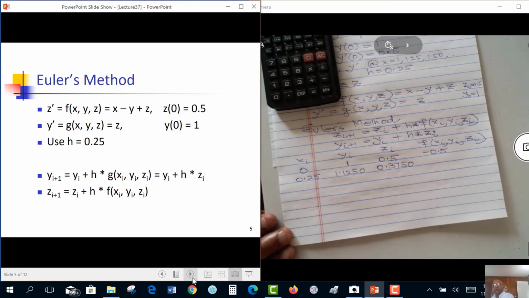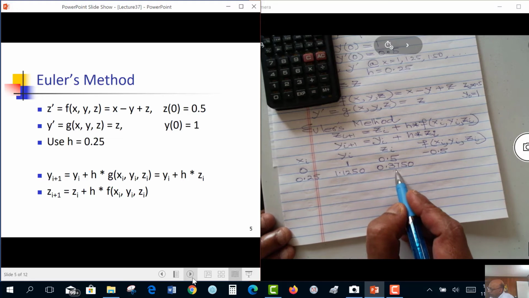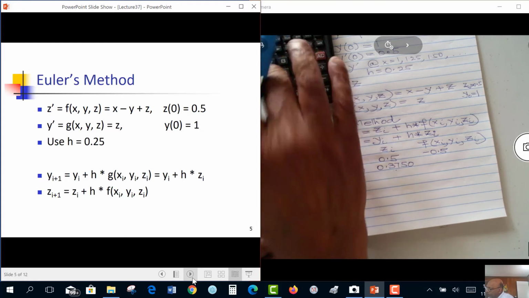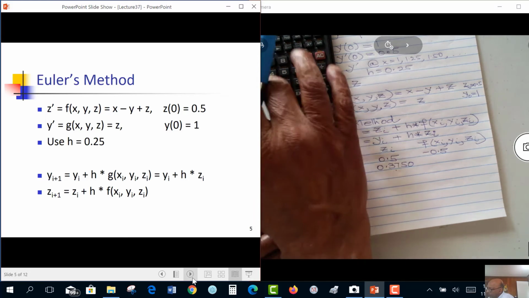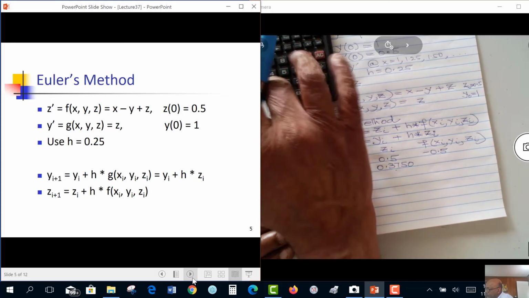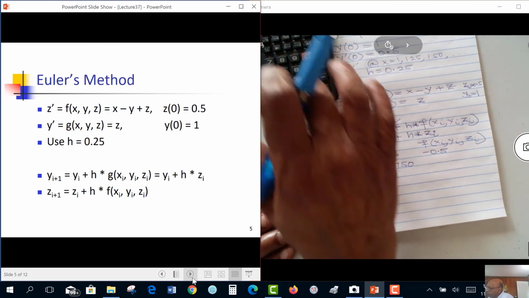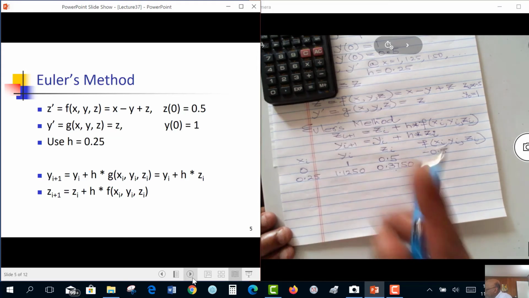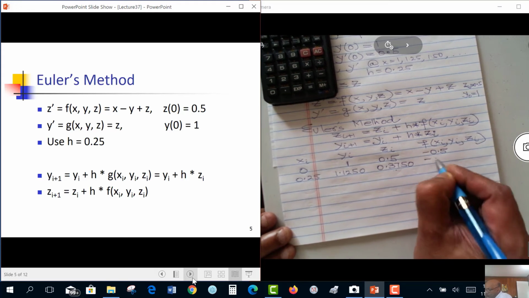So please do this along with me so that you can match my values. I'm going to do one more iteration. So let's evaluate the function at x equal to 0.25. So it'll be 0.25 minus 1.125 plus 0.3750. So I'll get again minus 0.5.